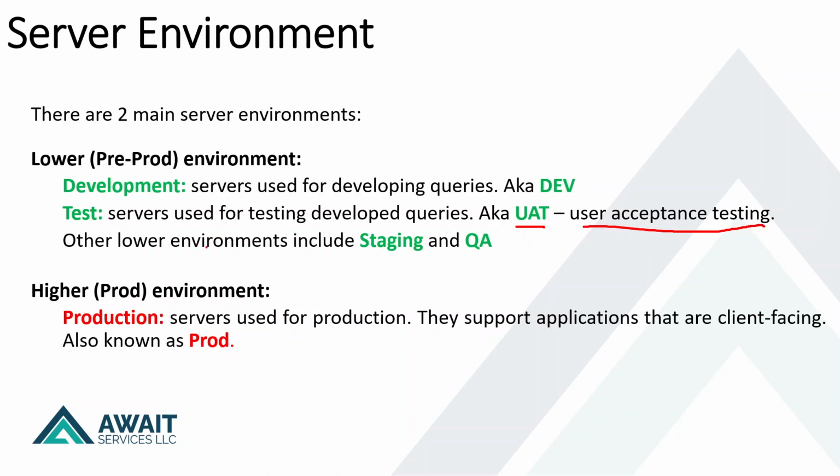Then we also have other lower or pre-prod environments such as staging and QA. QA means quality assurance. Different companies use different names. Some companies have just dev and UAT, and then, of course, prod.